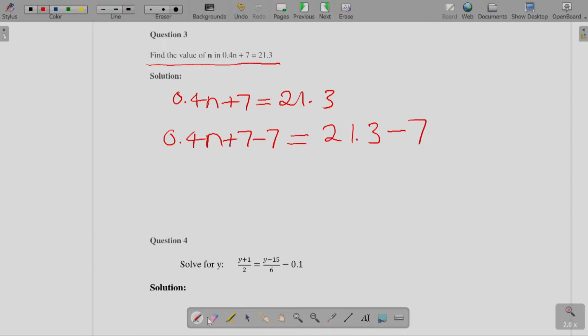From this side, 7 minus 7 will be 0, so only 0.4n will remain, equal to 21.3 minus 7, so we'll get 14.3.